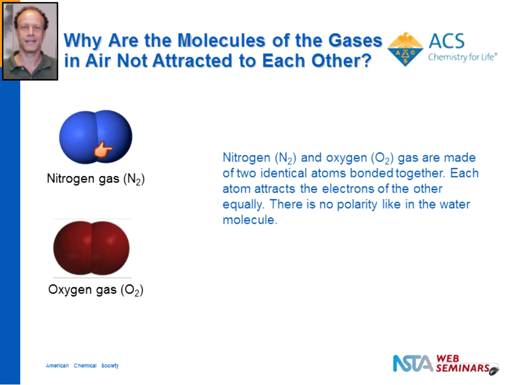Since it's nitrogen and nitrogen, there's no difference in the ability of these atoms to attract electrons. They attract them equally well. So it's not a polar situation at all, like water is. It's just a perfectly neutral, non-polar gas molecule that has no reason, really, to bond to anybody else.